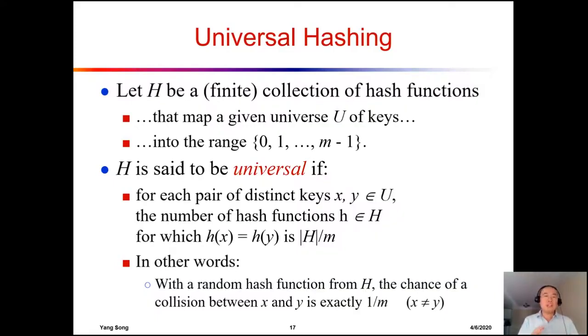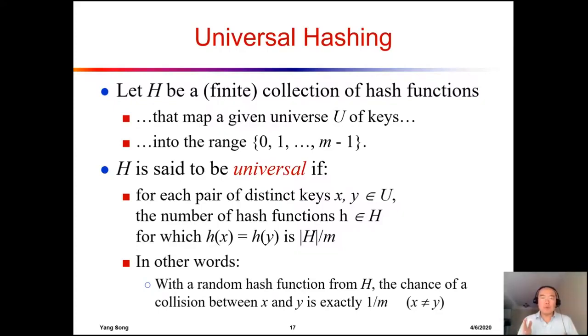So H is said to be universal if for each pair of distinct keys x and y, the number of hash functions which cause a collision between x and y is exactly the size of H, the number of hash functions, divided by m.